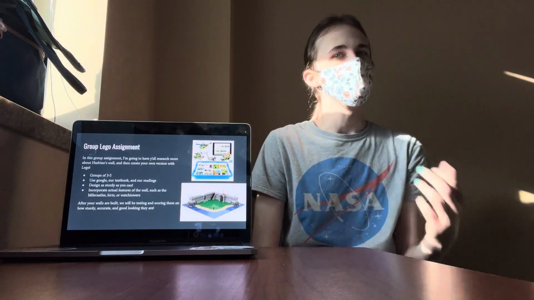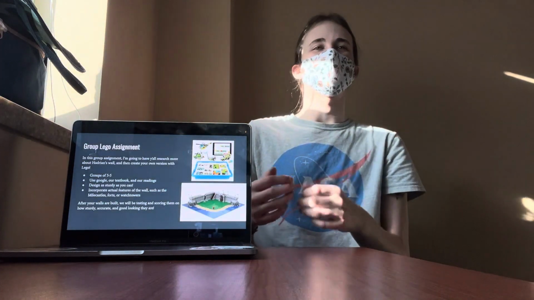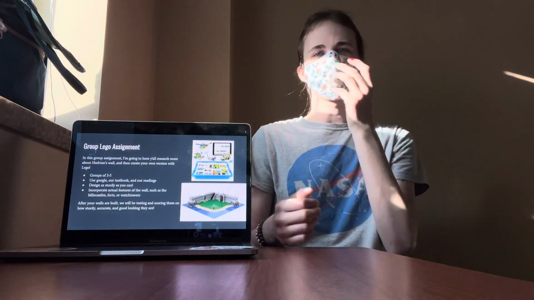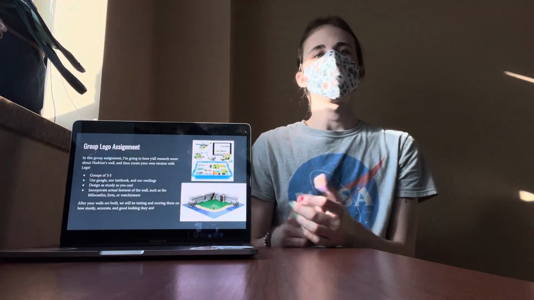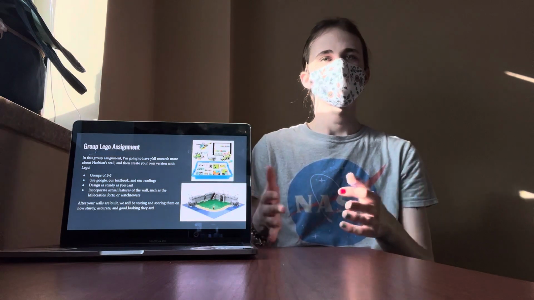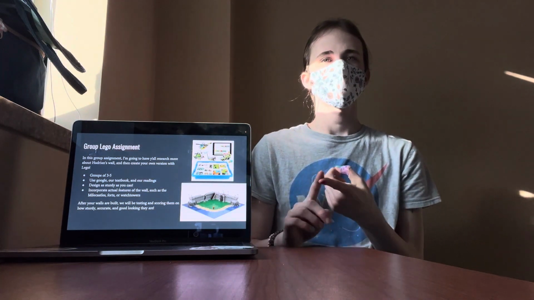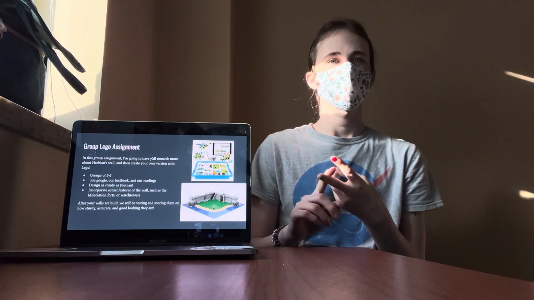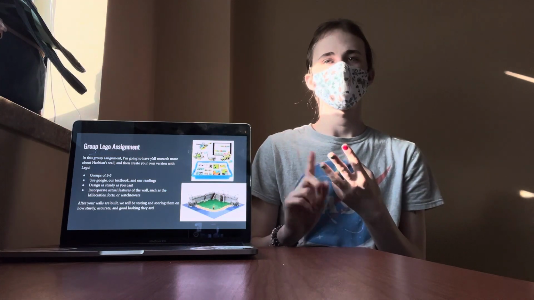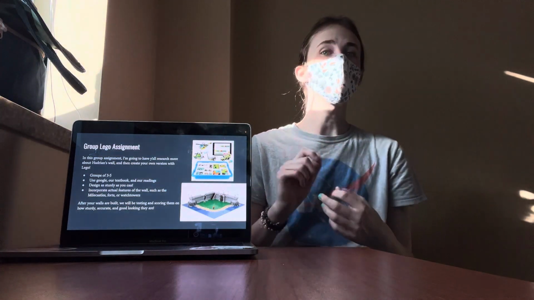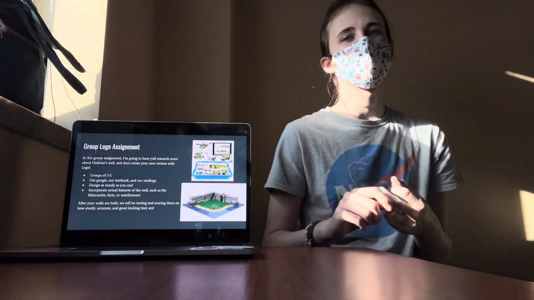So, moving on to the most fun part of this assignment, the group assignment. In groups of 3 to 5, I'd like all the students to research, design, and then be ready to test their own wall using the Lego kits.